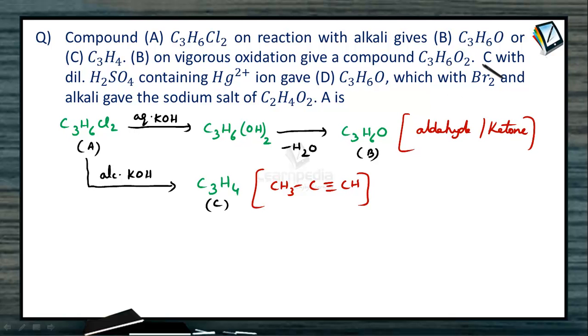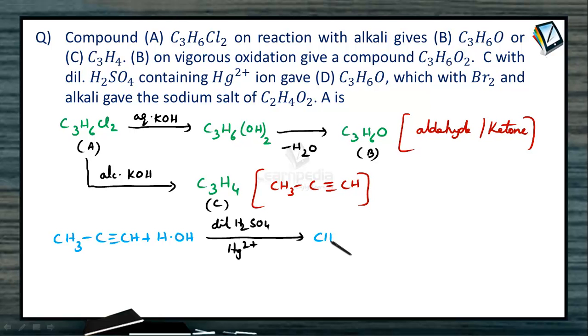This alkyne C is then made to react with dilute sulfuric acid in presence of Hg2+ ions. It means it is reacting with water in presence of dilute sulfuric acid and Hg2+ ions. We get an enol.